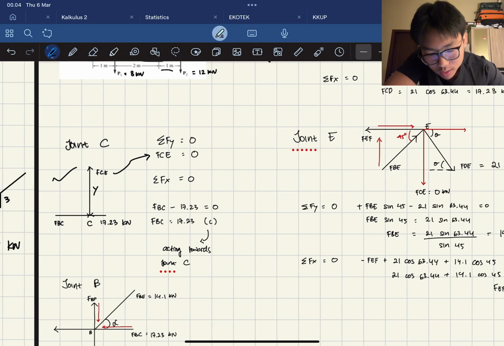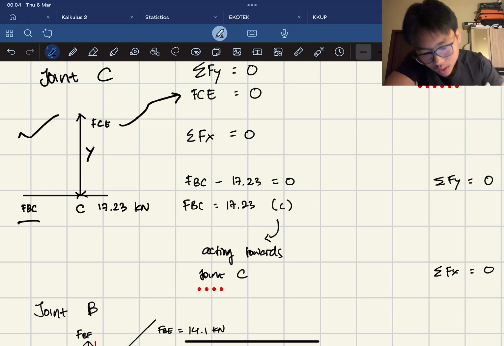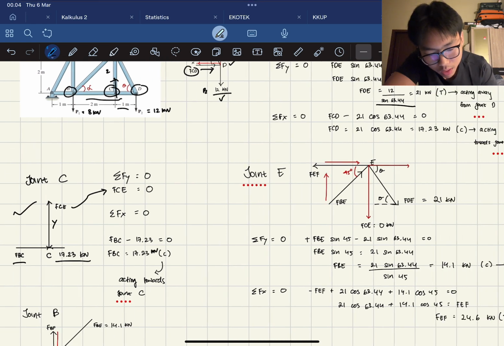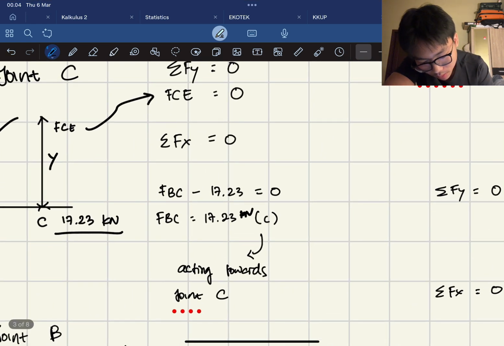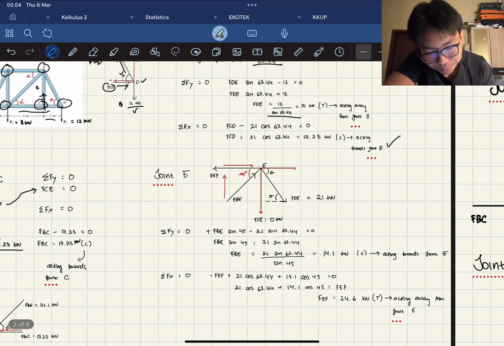And sigma Fx would be FBC minus 17.23 equals 0. So FBC would be equal to 17.23 kN, and the state would be compression because the force is acting towards joint C.